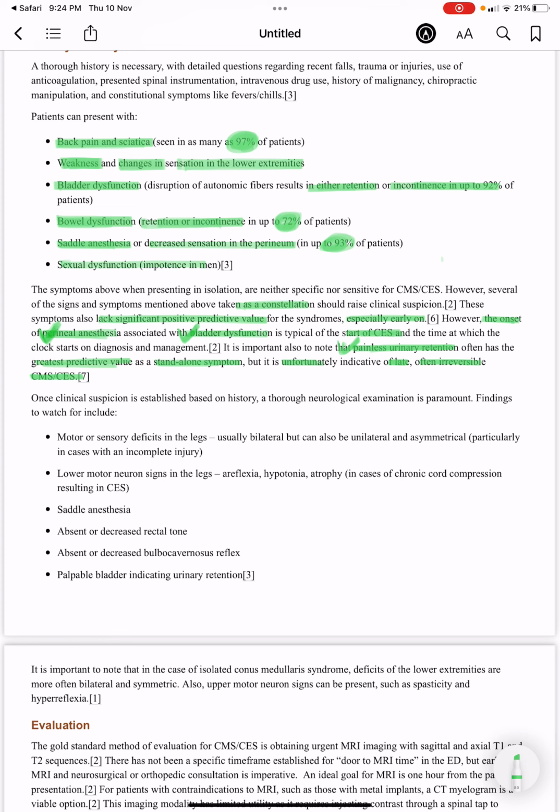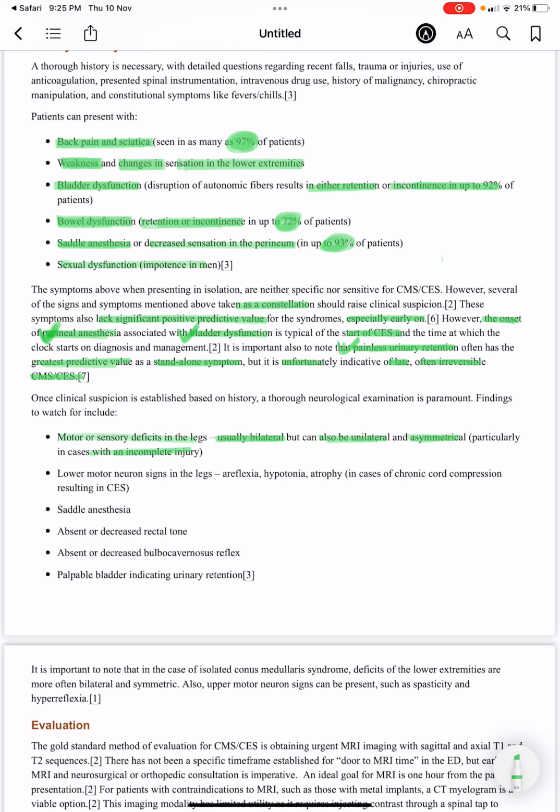Once clinical suspicion is established based on history, a thorough neurological examination is paramount. Findings to watch for include motor or sensory deficits in the legs. These are usually bilateral, but can also be unilateral and asymmetrical, particularly in cases with an incomplete injury.